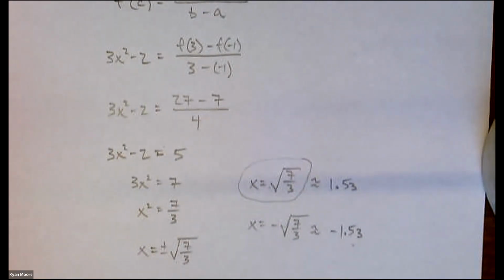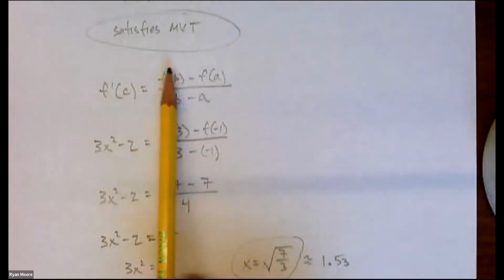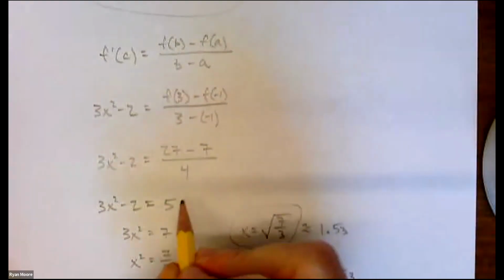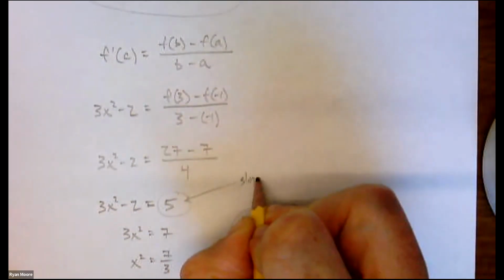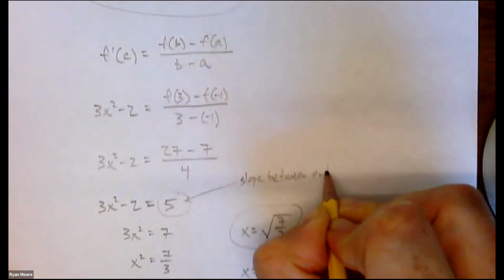What is the slope between those endpoints? The average slope of the function on our interval. So if you look back, it was this right here, and then we did it, and there it was. It was the 5. That was the slope between the endpoints, if you're curious.